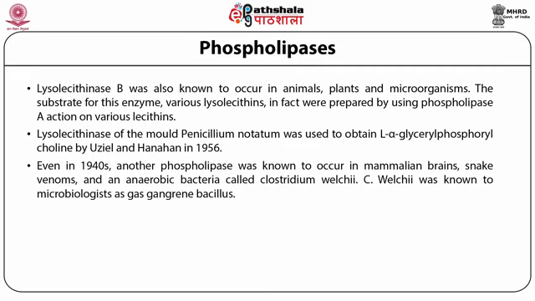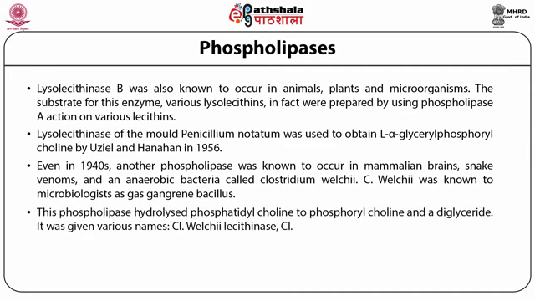Even in 1940s, another phospholipase was known to occur in mammalian brains, snake venoms and an anaerobic bacteria called Clostridium welchii. Clostridium welchii was known to microbiologists as gas gangrene bacillus.